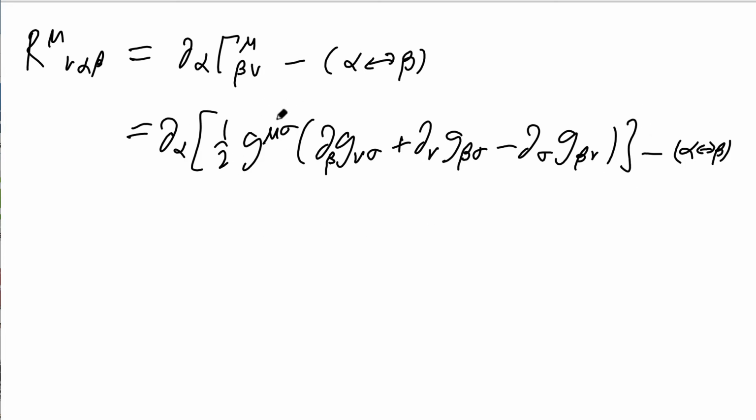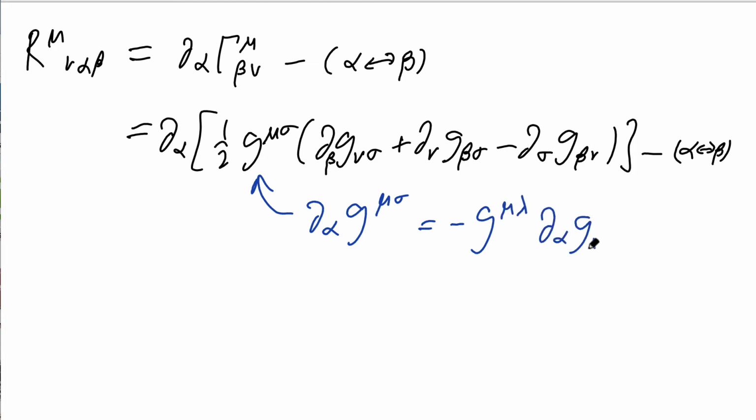In particular, when it acts on the inverse metric, what we have is, well, this can be written as minus G mu lambda partial alpha G lambda gamma G gamma sigma. But evaluated at point P, this is, of course, 0. So in effect, we can just let this derivative operator pass right through this inverse metric.